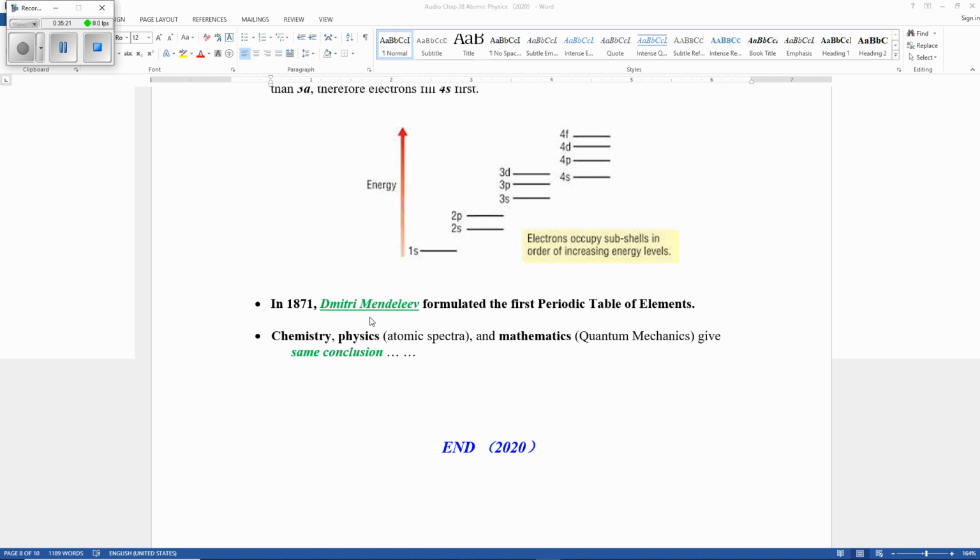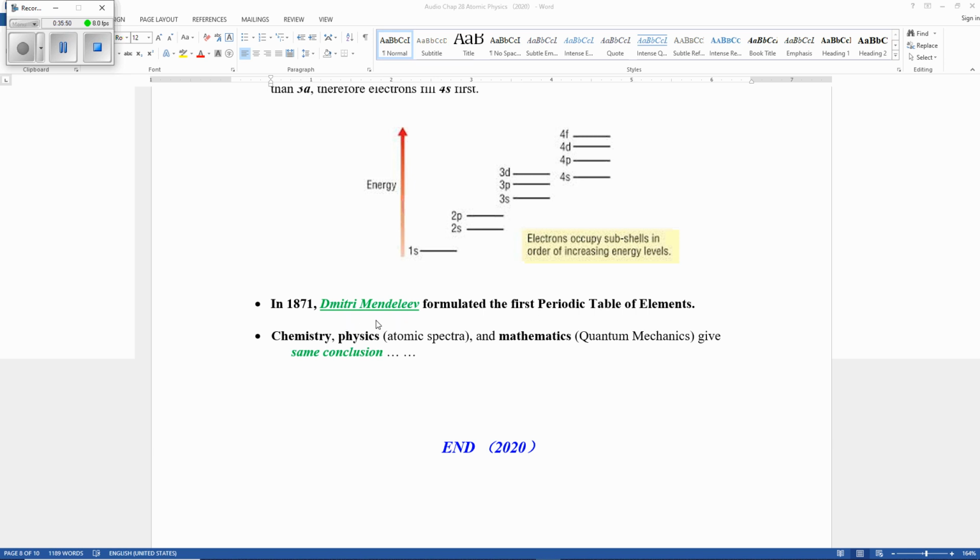They didn't know, but they could study the behavior: different periods, different columns, the properties of the different elements. So all three just match the same thing. Chemistry, mathematics, and physics all tell us the same thing, like the periodic table just matches the energy shells.